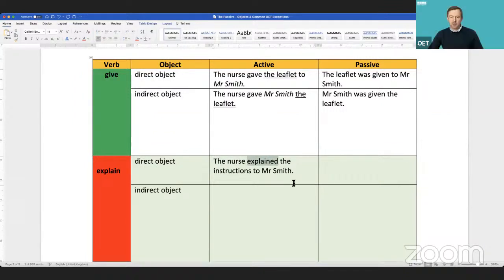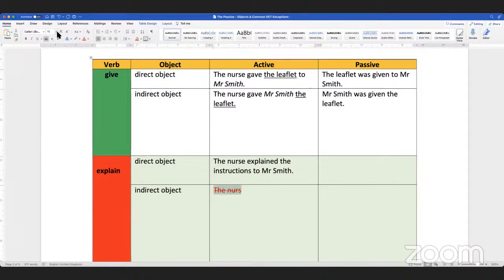Now let's do what we just did up here. And this, guys, is what I want you to do in your groups in a moment. Let's look at this one underneath. Can I do it with the indirect object after the verb? How would that go? We'd start with the nurse, wouldn't we?